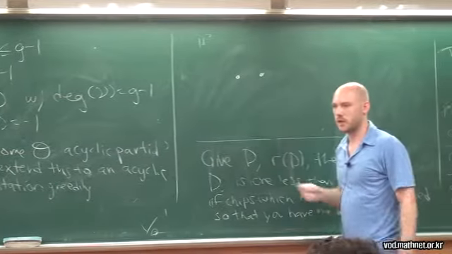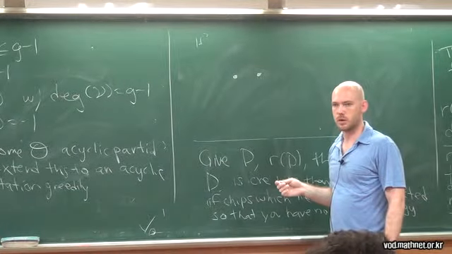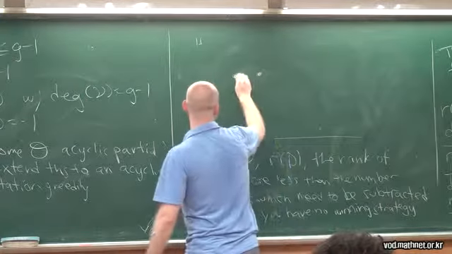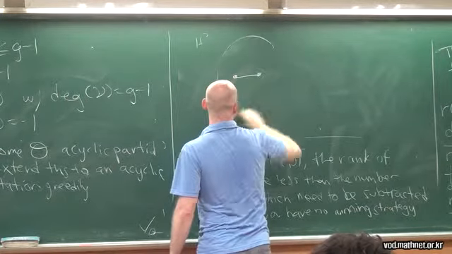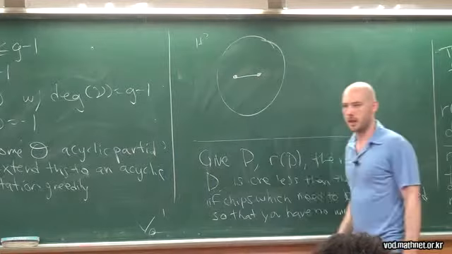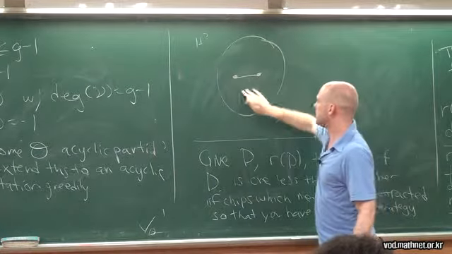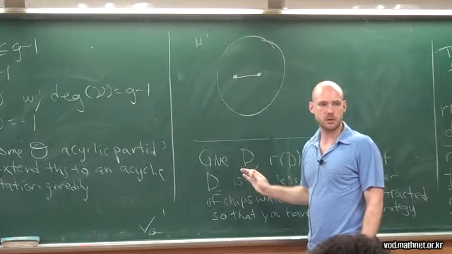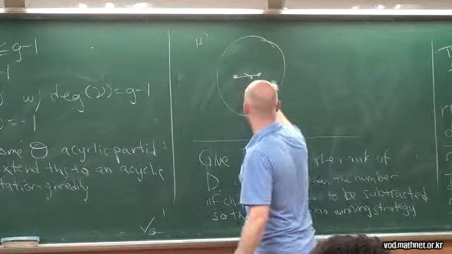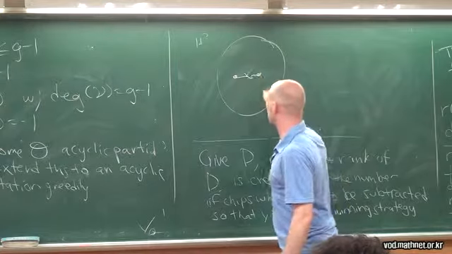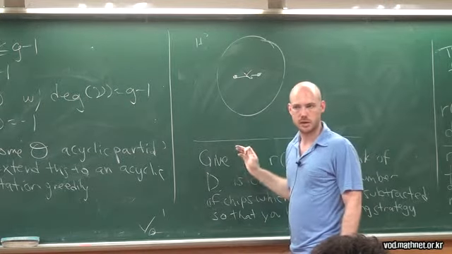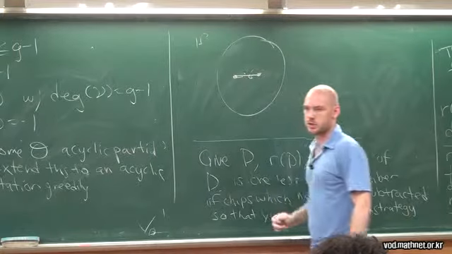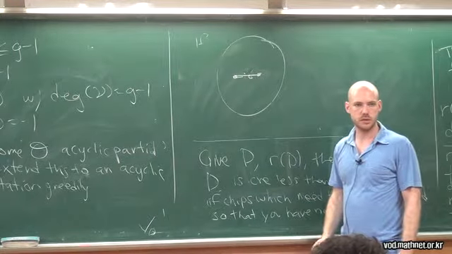This is something that, in one form or another, you would see in week 1 or week 2 of your first graph theory course. So suppose you have some unoriented edge sitting in your graph. This is a partial orientation: some part of it is oriented, some part's not, but there are no directed cycles. I claim that we can either orient it this way or the other way without creating a directed cycle. Suppose that was not true, that both orientations create a directed cycle.